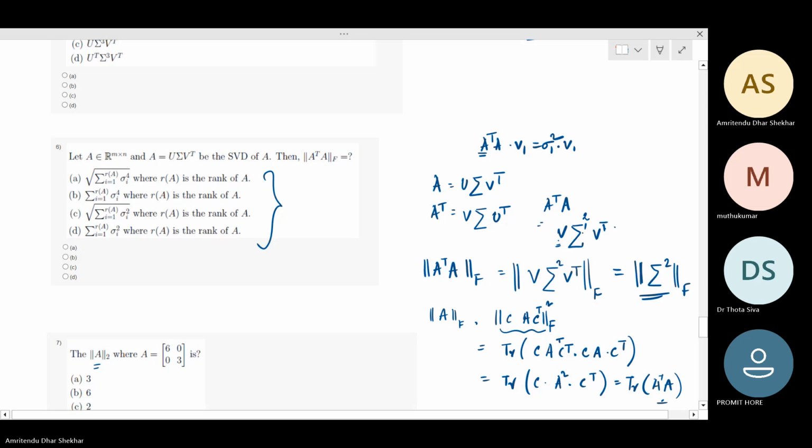Now this is a diagonal matrix, the diagonal matrix of the squares of the singular values of A, so the Frobenius norm is the sum of those entries. So the correct option would be A.